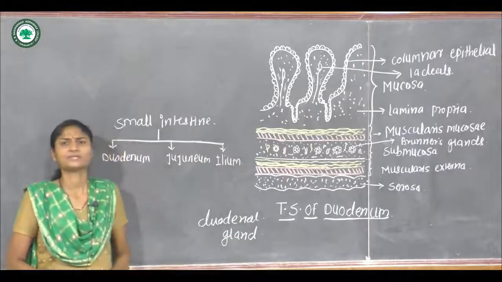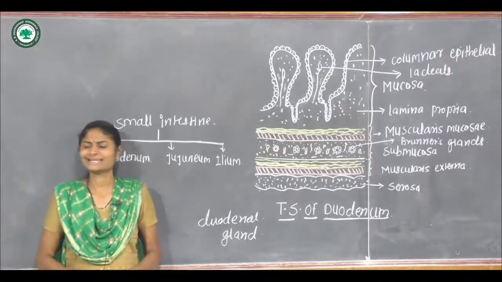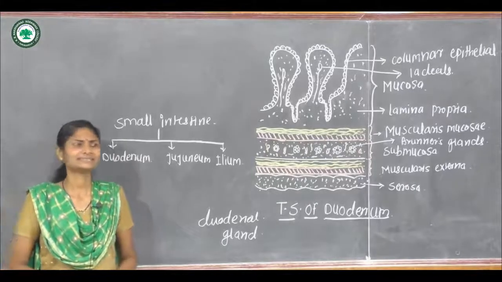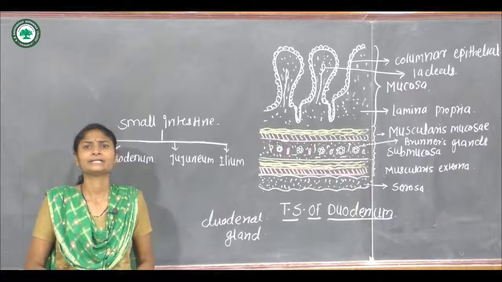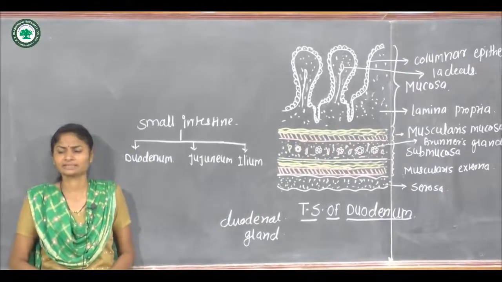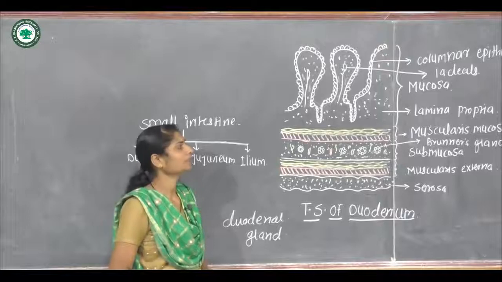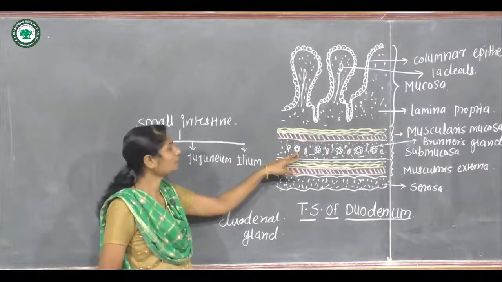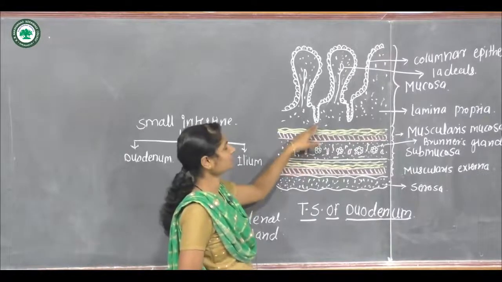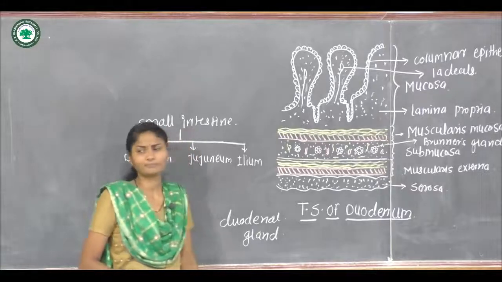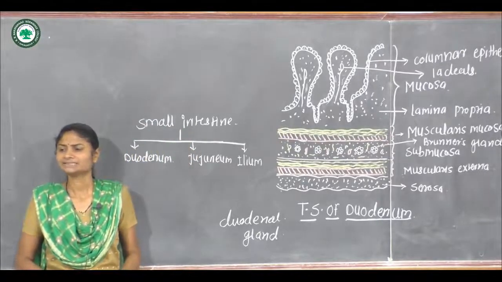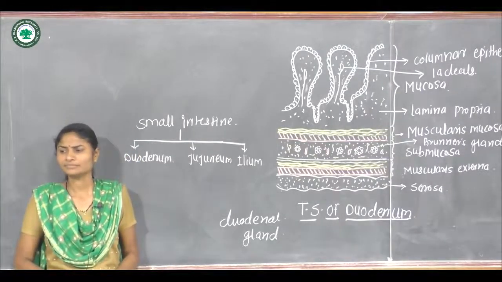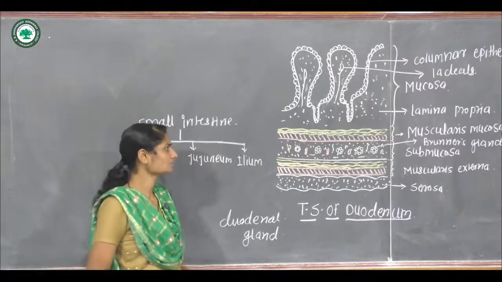Brunner's glands are branched and compound tubular glands. These are lined by columnar epithelial cells and empty their secretion into the crypts of Lieberkuhn. These Brunner's glands secrete alkaline mucus, and some enzymes are also secreted.